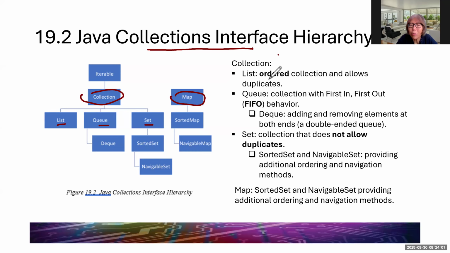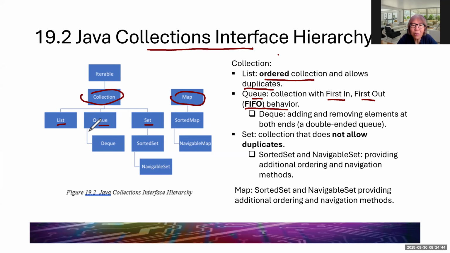If you want an ordered collection, and the items also allow duplicates, then you can go with the List interface. Queue has a special feature, first in, first out, which we call FIFO behavior. It's not like a list that can be accessed anywhere. It's just the two ends, front and back.